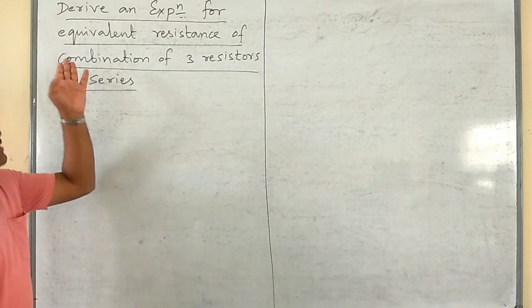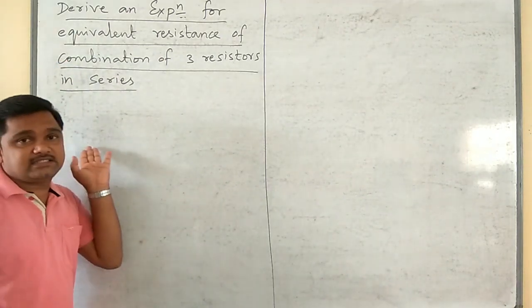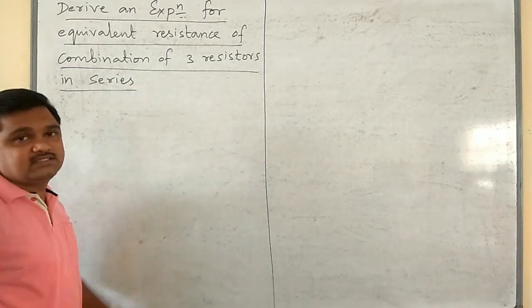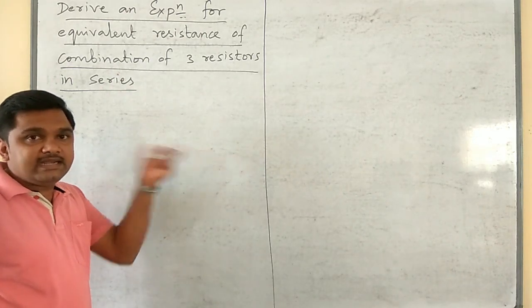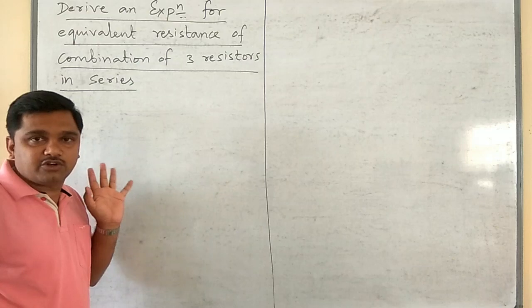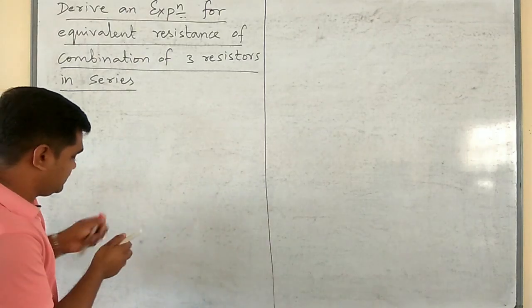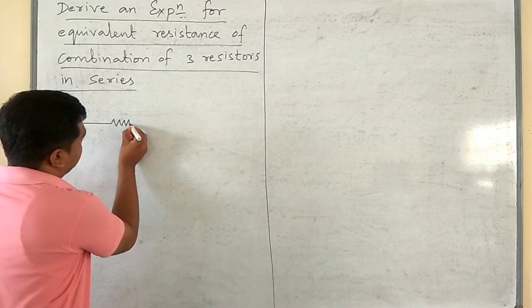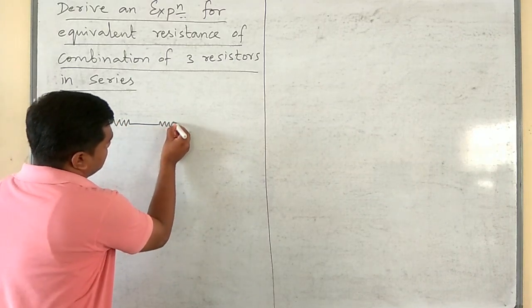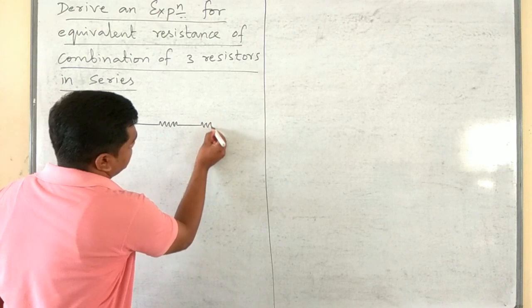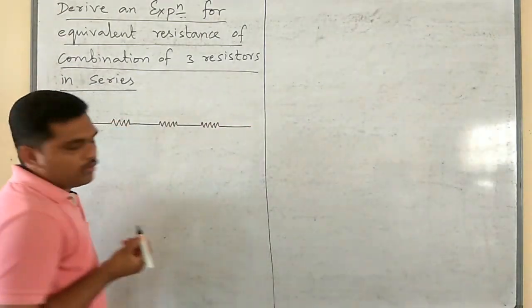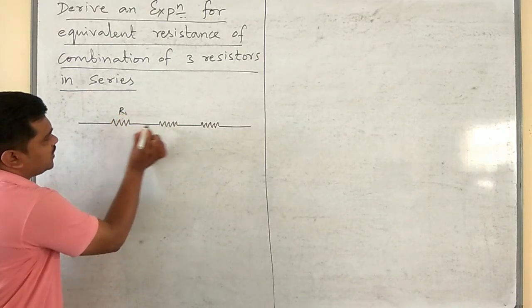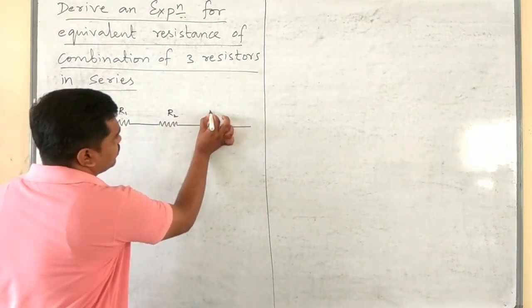As the question itself indicates, let us consider 3 resistors which are connected in series. End-to-end connection of resistances is said to be series connection. Like this, let us consider the resistors. These are the 3 resistors. I will name them R1, R2 and R3.